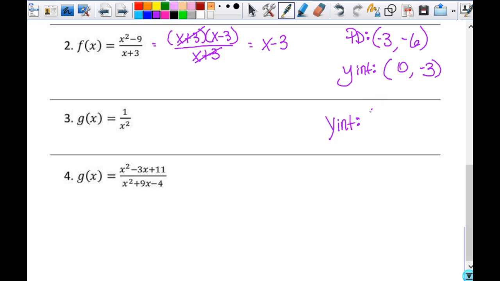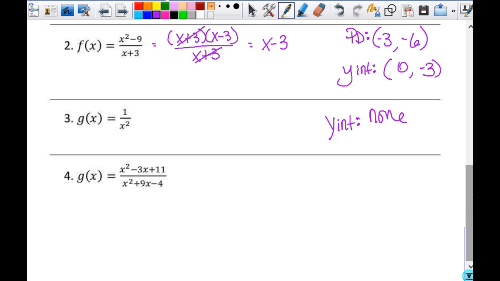All right, so I plug 0 in for x and solve, and what happens? What do I get when I plug 0 in? Well, 1 over 0, and what does that give me? Undefined, no solution, right? Okay, so does it have a y-intercept? No, so it's just none.